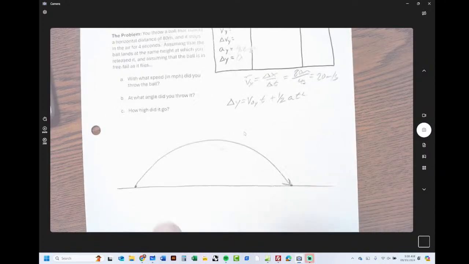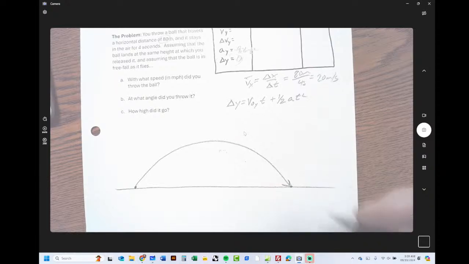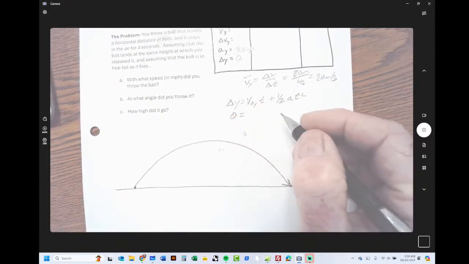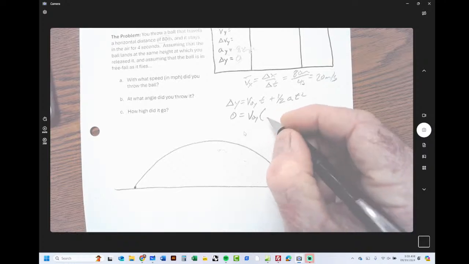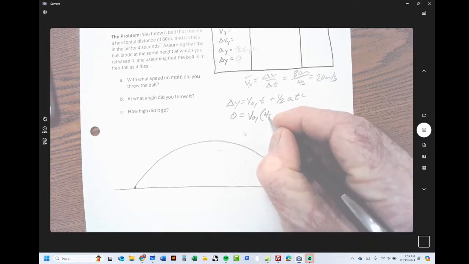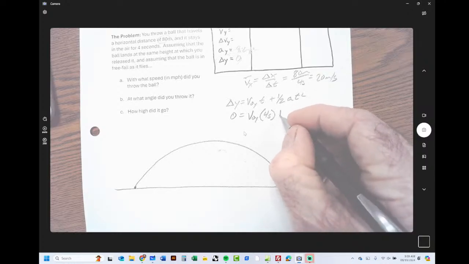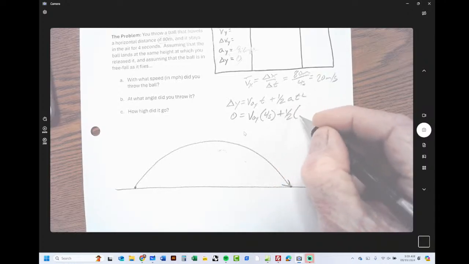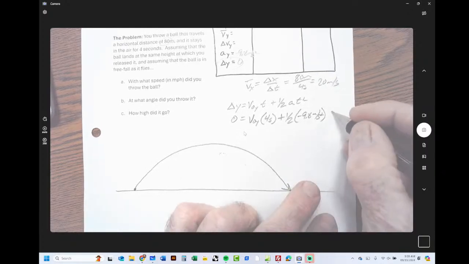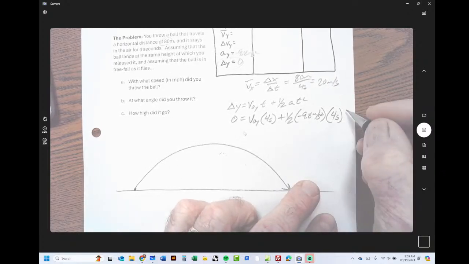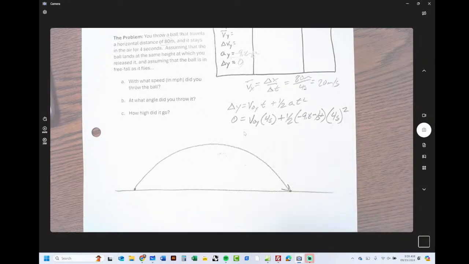So delta y for this entire event, it starts at 0, it ends at 0. Delta y is 0. v0y, that's what we're about to find, times 4 seconds plus 1/2 times negative 9.8 meters per second squared times 4 seconds squared.